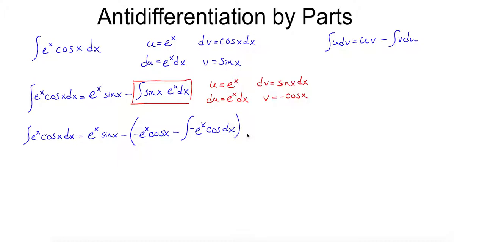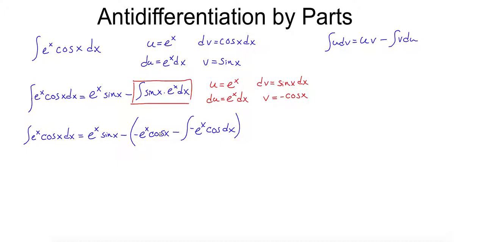I'm just going to rewrite this, fixing my signs here. If I distribute this negative, those will cancel out. I can pull this negative out and then multiply by that negative there, and I have three negatives, so that one's going to stay negative.